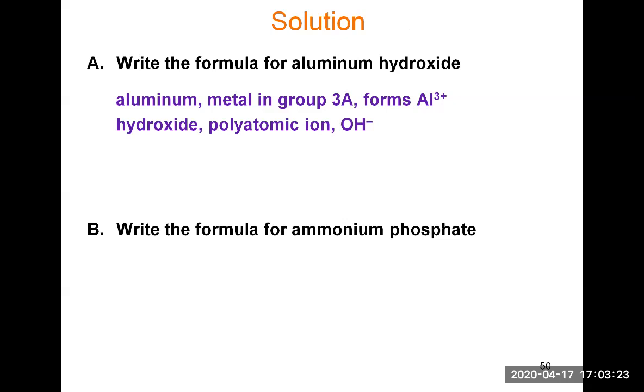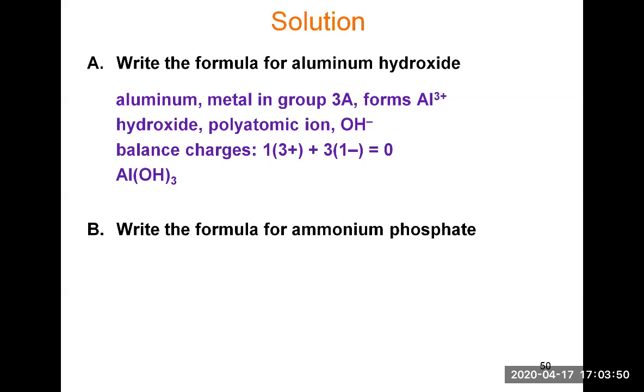So you write the formula by having the positive ion first, then the negative ion. And here you can use the crisscross trick. The 3 from the aluminum 3+ will become the subscript for OH, and the 1 from OH will become a subscript for aluminum. So the formula will be Al(OH)3.